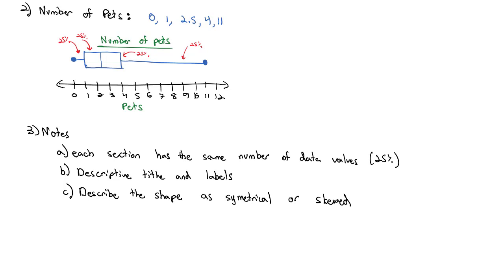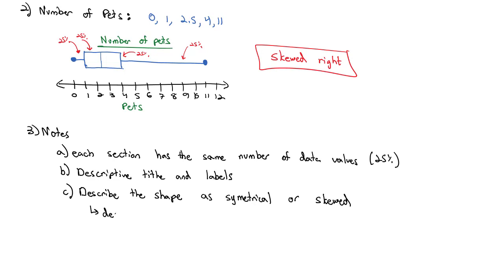Looking up at the graph that we drew, I see there's a lot of extra stuff on the right. It's not symmetrical. The right side is extended out. I could say my graph is skewed to the right to describe my graph.